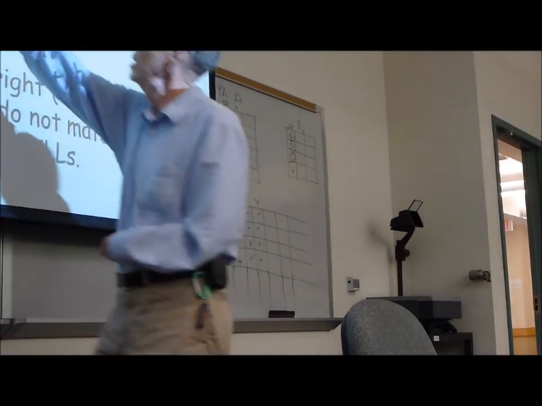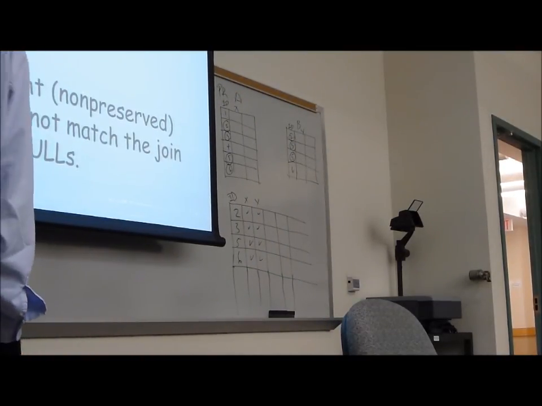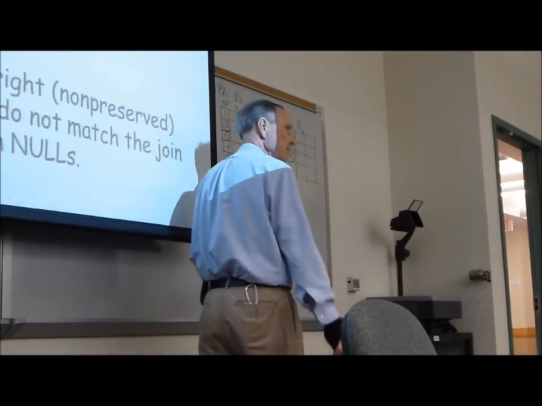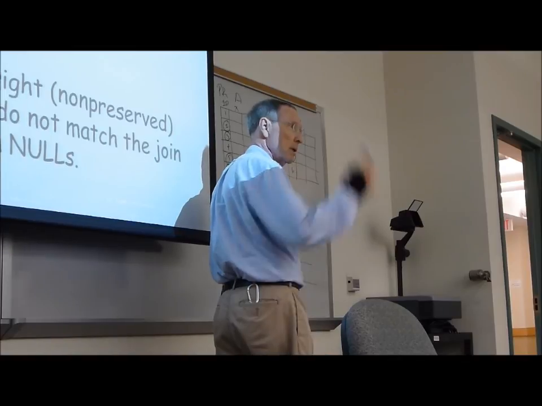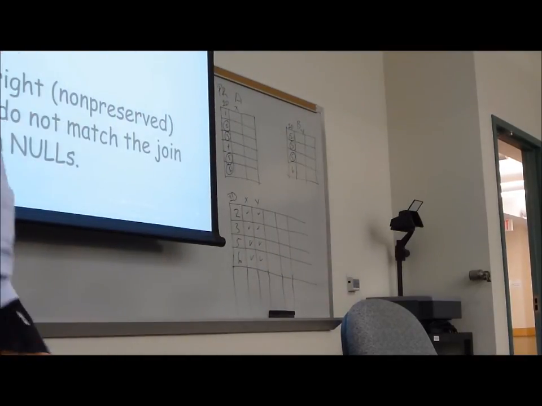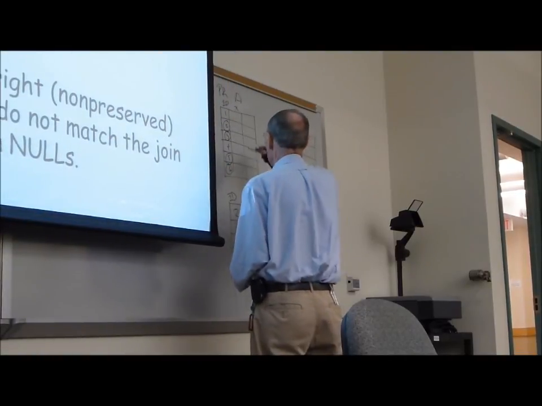Okay, the first one is all rows that match in the join condition are added to the result set. We got that. That's number 1 up there. Okay, all rows from the left preserved table. This is the left table right here.